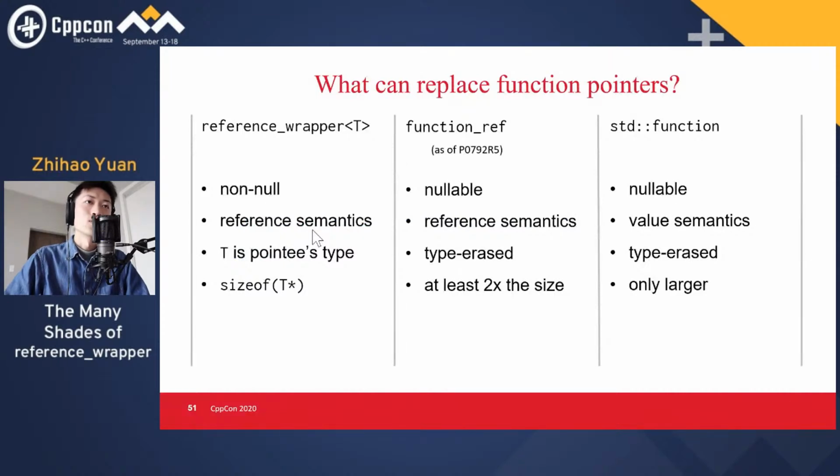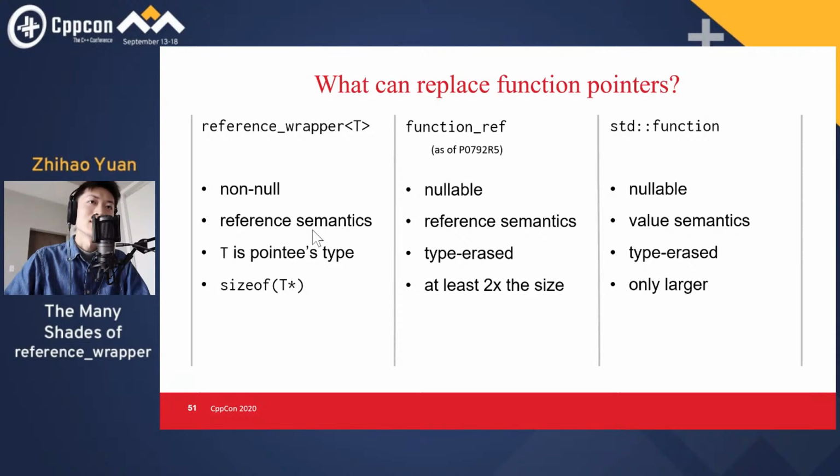So to summarize what can replace function pointers, today we learned reference wrapper, that is non-nullable. Function ref is nullable as of today, although I don't know why. std::function is nullable. Reference wrapper has reference semantics, so does function ref. std::function has value semantics.